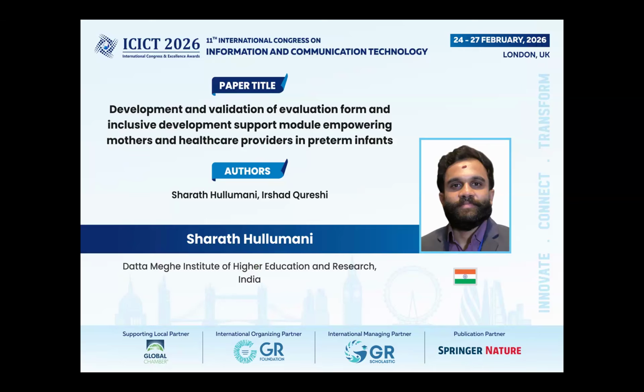Next, we have Sharath Halumani presenting Development and Validation of Evaluation Form and Inclusive Development Support Module Empowering Mothers and Healthcare Providers in Preterm Infants.